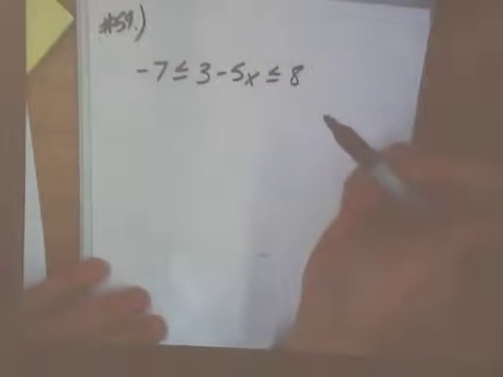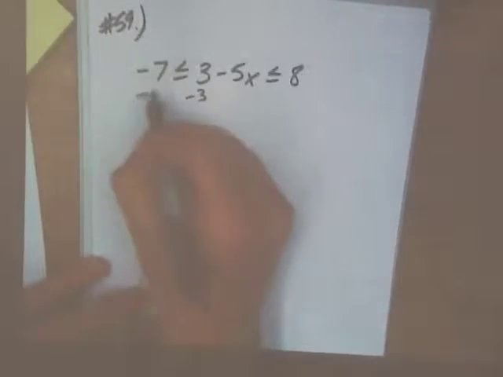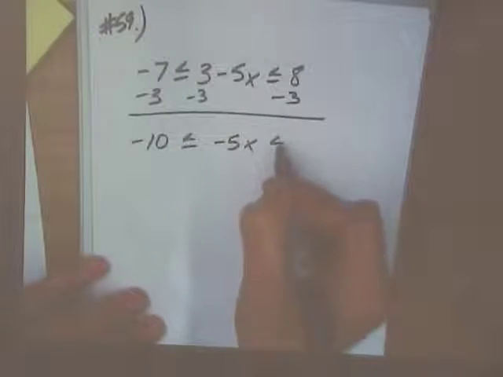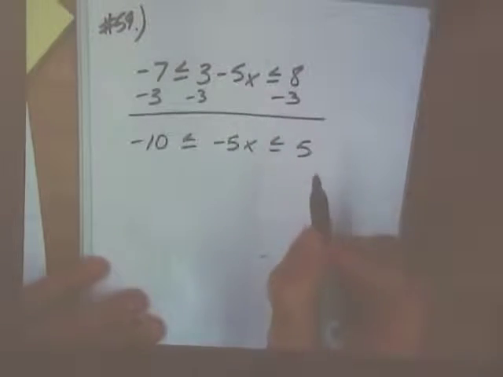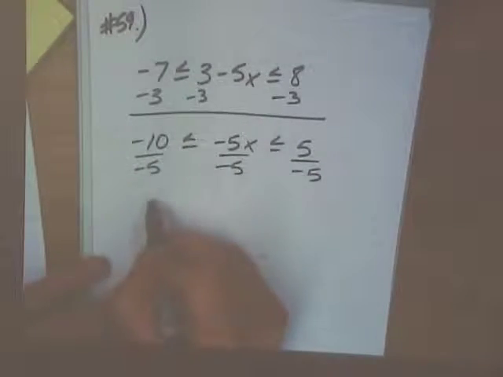All right, compound inequality, we have to keep the x in the middle. So we'll subtract 3 from all 3 sections of it. And then we'll divide everything by negative 5. Can't fool me twice.